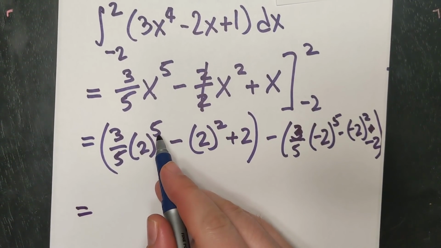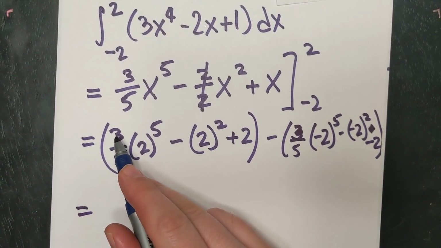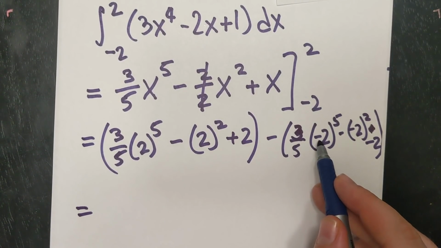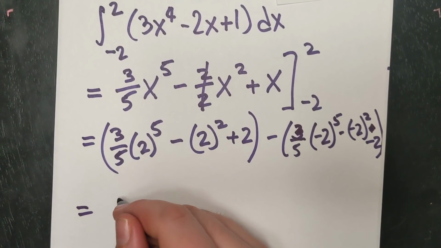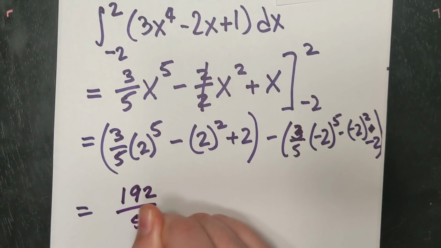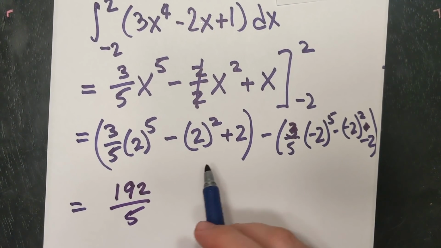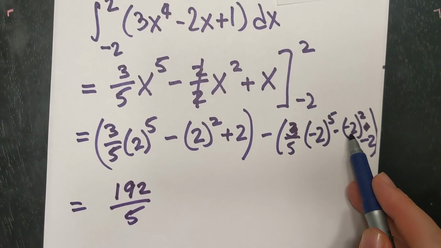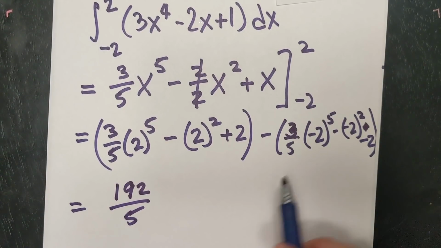Okay. 2 to the 5th is 32. 32 times 3 is 96. So you have 96/5 minus a negative 96/5. So those are going to combine to give you 192/5. Here you have negative 4 minus minus minus. So that's minus another 4.